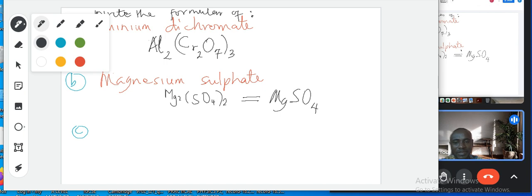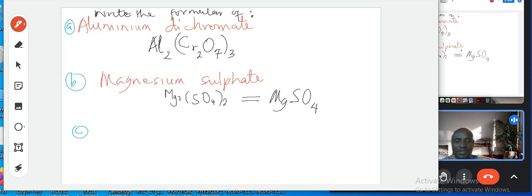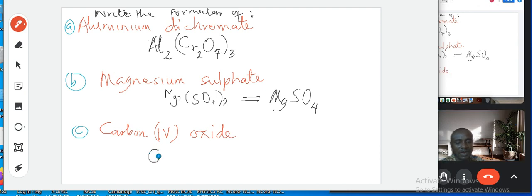All right, let me give you this one before I do that. This is carbon. Carbon 4 oxide. Carbon is in group 4, so it'll be 4 plus.